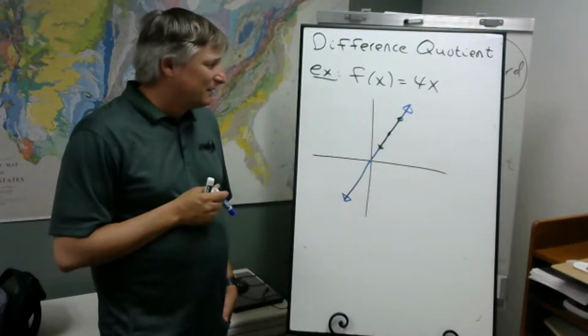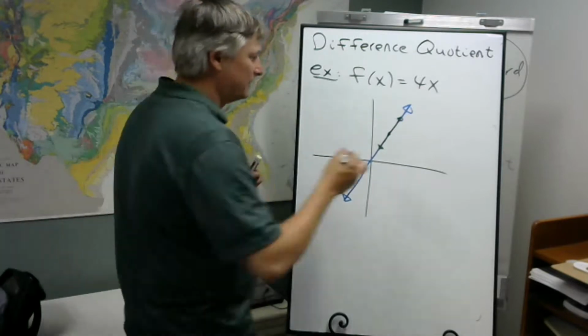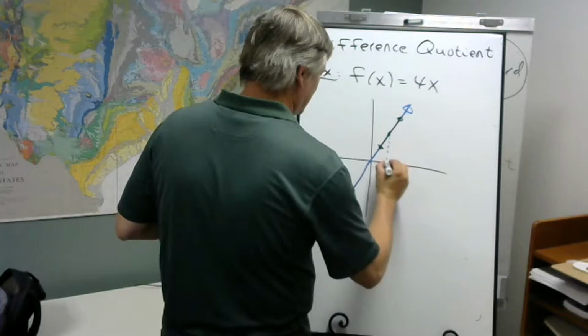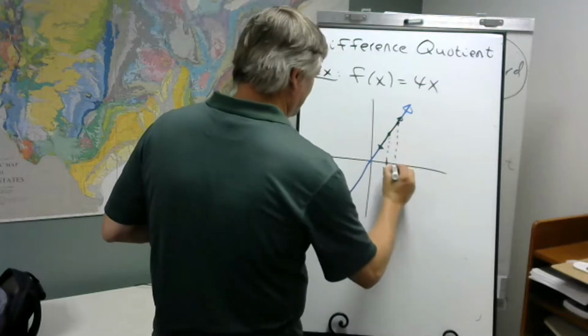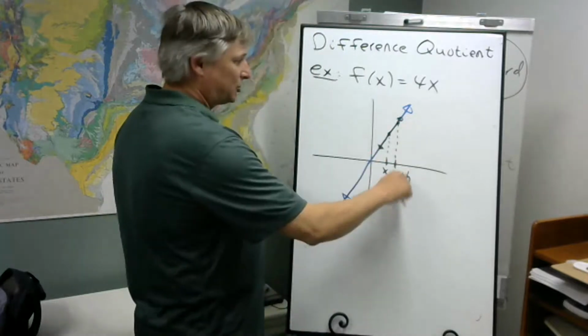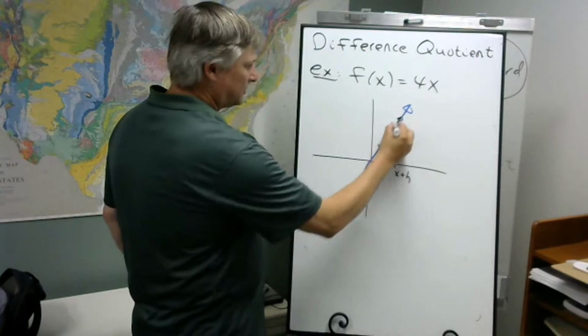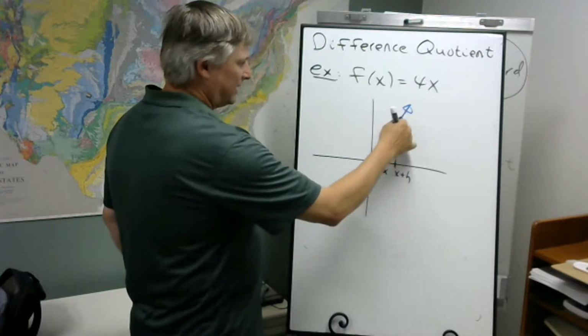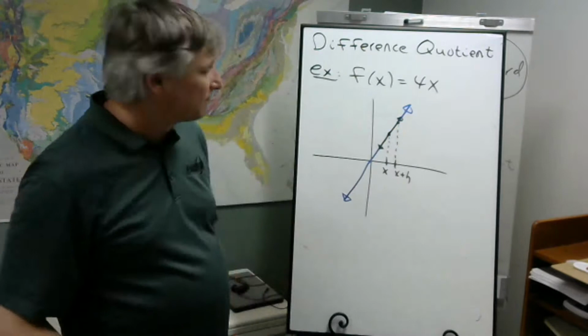But ultimately, what's going to happen if you have your x and your x plus h, as h shrinks, you're going to be drawing a line through these 2 points. And as this shrinks down, you're still drawing the same line.